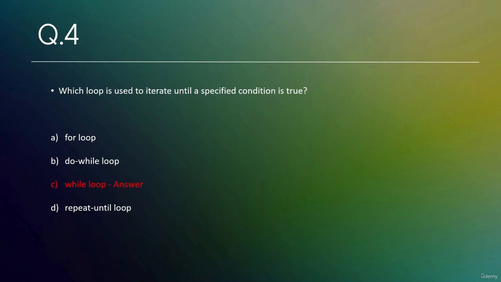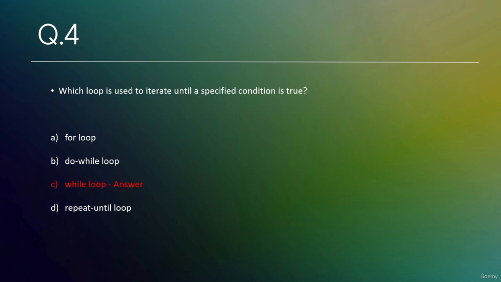So in the while loop, after each iteration, the code checks if the condition is true and then it progresses, because we say while and then we put a condition there. For loop is slightly different. The do while loop is not in Python. It is available in some other programming languages. So this can be the answer, and similarly for D2, it is also not correct.